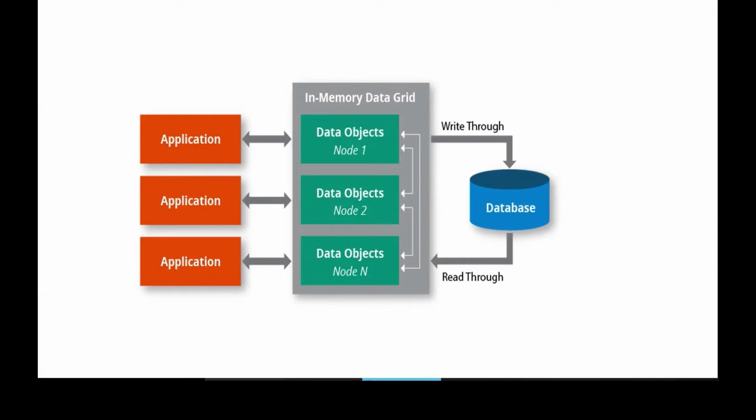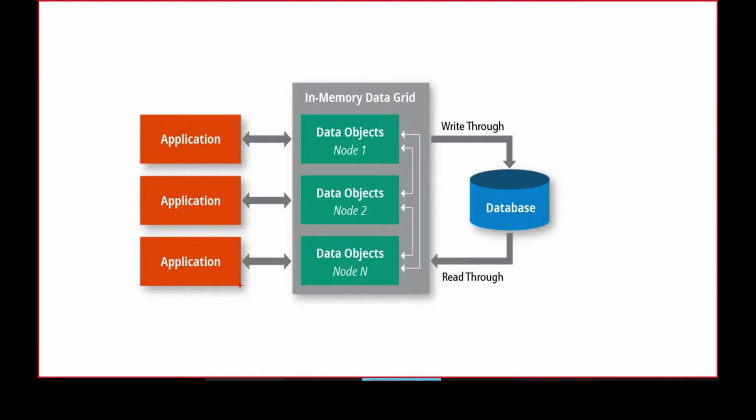So this is exactly what we'll have: a couple of applications, even one application, that is our wish. It's all about how we plan our deployment. So the database, we'll be constantly reading the information and we store it in our in-memory grid.